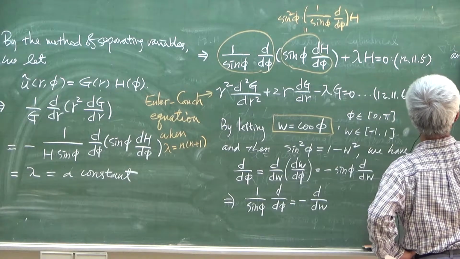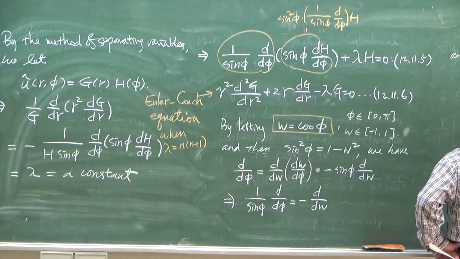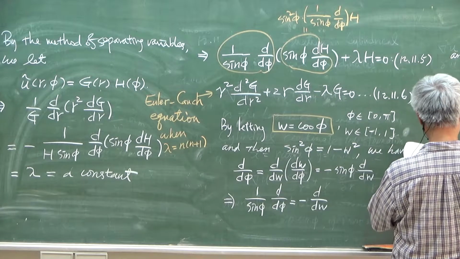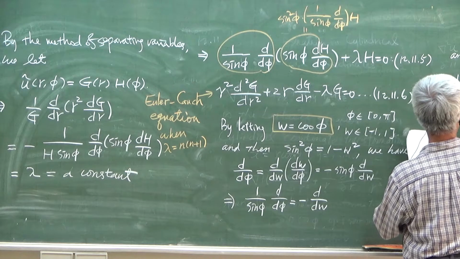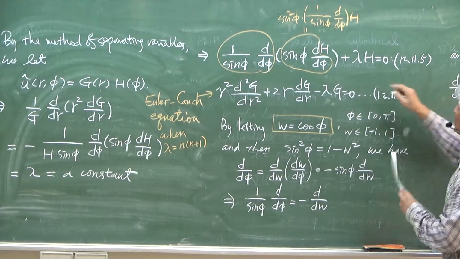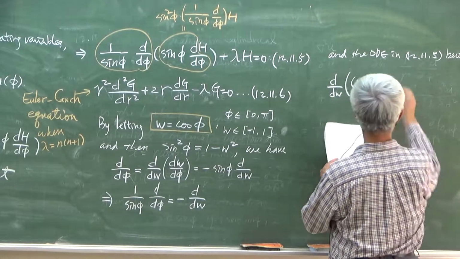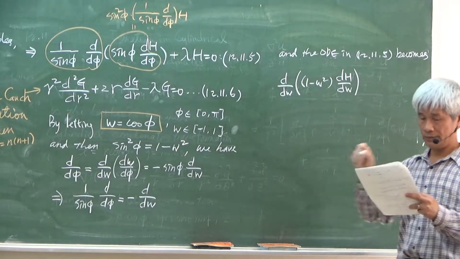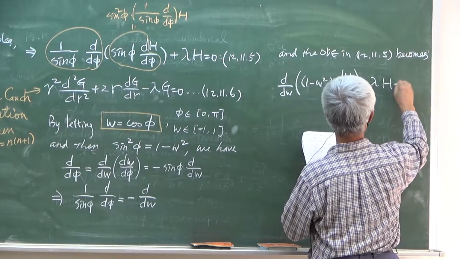And the ODE in 12.11.5 becomes d/dw of (1 minus w squared) dh/dw, because sine squared phi is equal to 1 minus w squared. Because minus becomes plus. Plus lambda h equals 0.